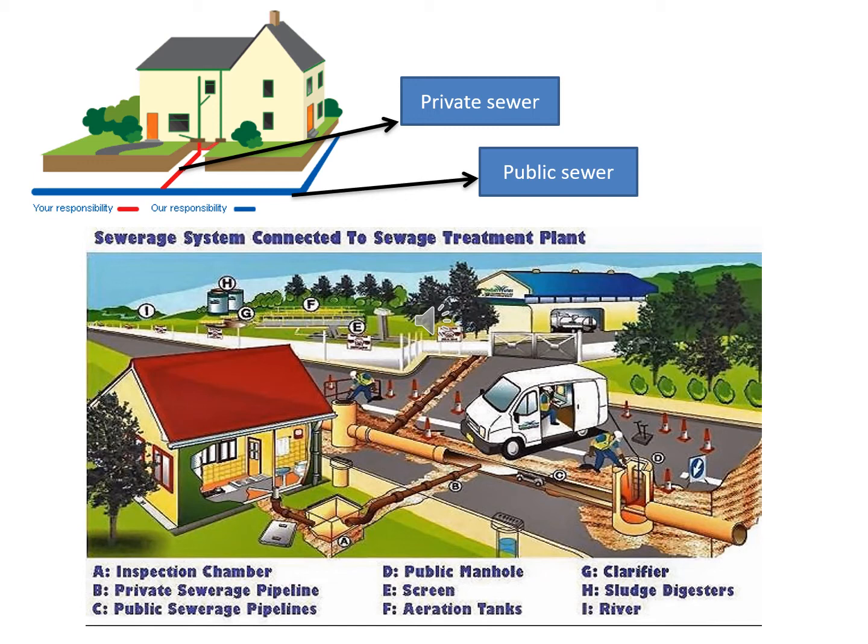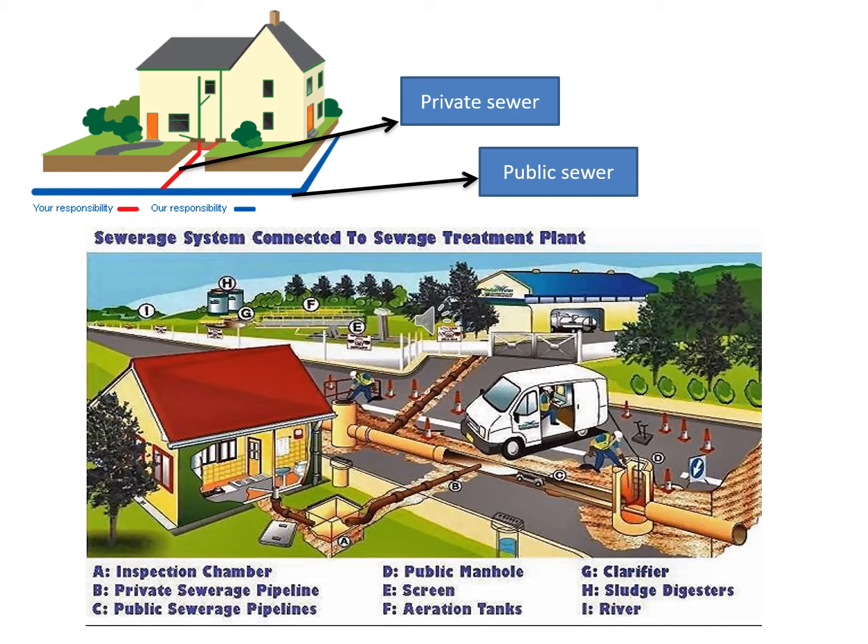The pipes below ground level convey the discharge from sanitary fittings such as water closet, basin, sink, and bathtub, rainwater gutters, and downpipes to the inspection chamber. The discharge from the private sewerage pipeline is connected to the public sewerage pipelines, which are usually under the roadway.